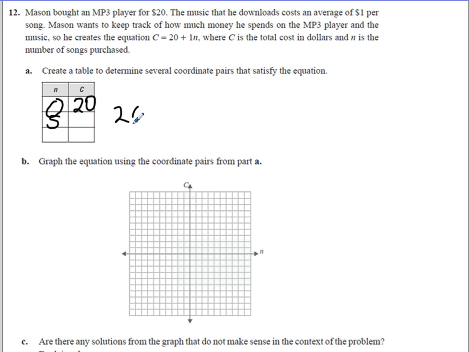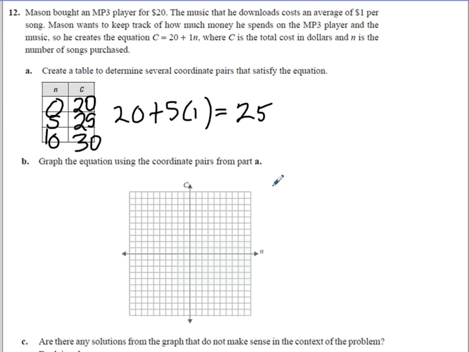So 20 plus 5 times 1, which will give us 20 plus 5, which is 25. And then for 10 songs, we would do 10 times 1, so we're adding and getting $30.